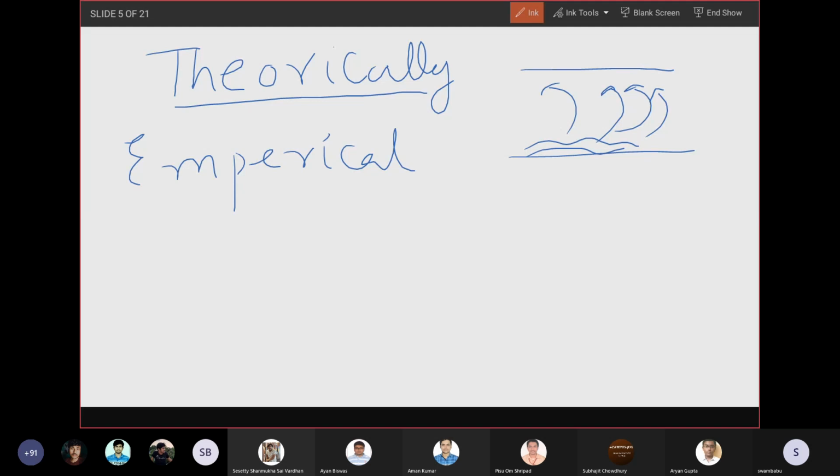So there is an empirical expression for salting velocity derived by Rizk, R-I-Z-K, Rizk.